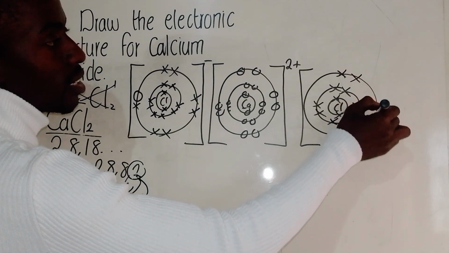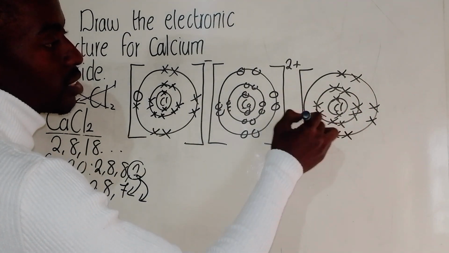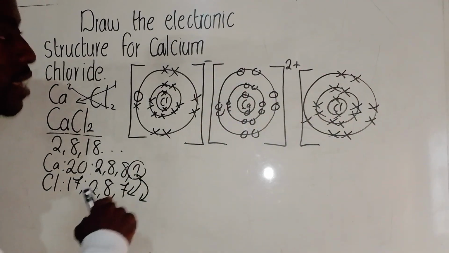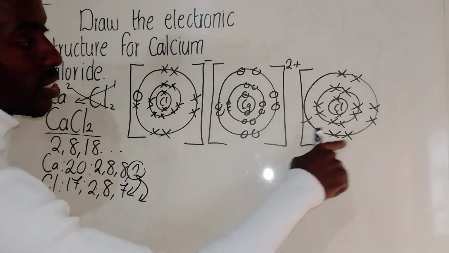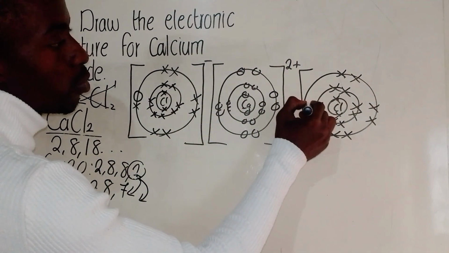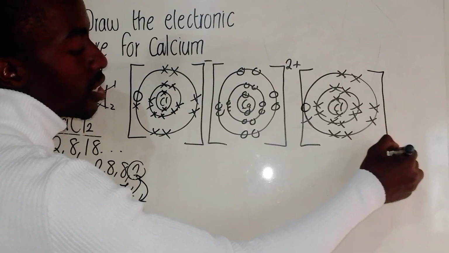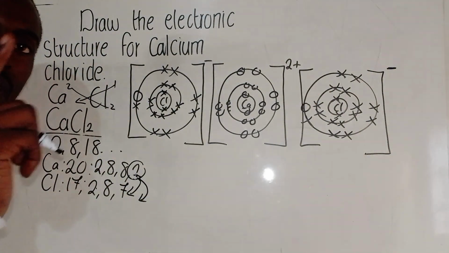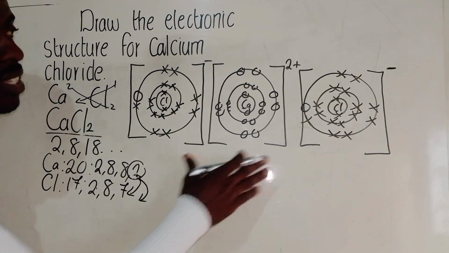As you can see, 2 is this one, 8 is this one, 7 is this one, plus the one it has gained from the calcium. So you put a dot like this. Now outside here you put a negative, which simply means it has only gained 1. So this here is the answer.